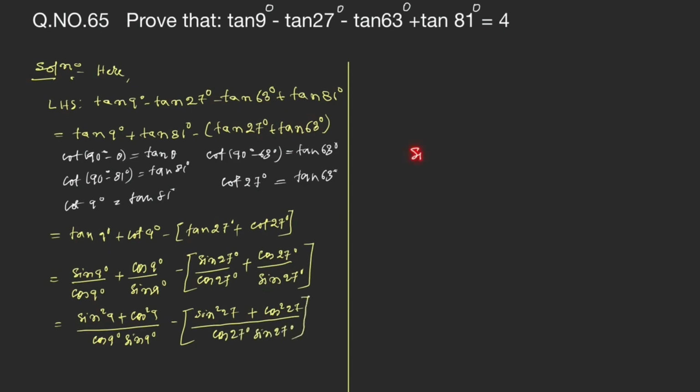So we know that sin square theta plus cos square theta, which is equal to 1.